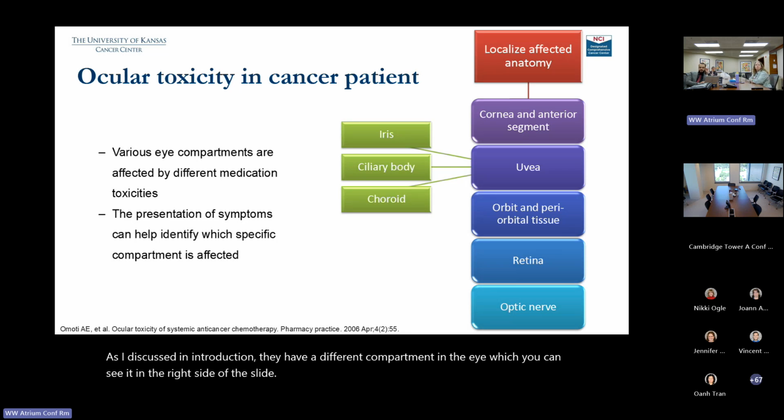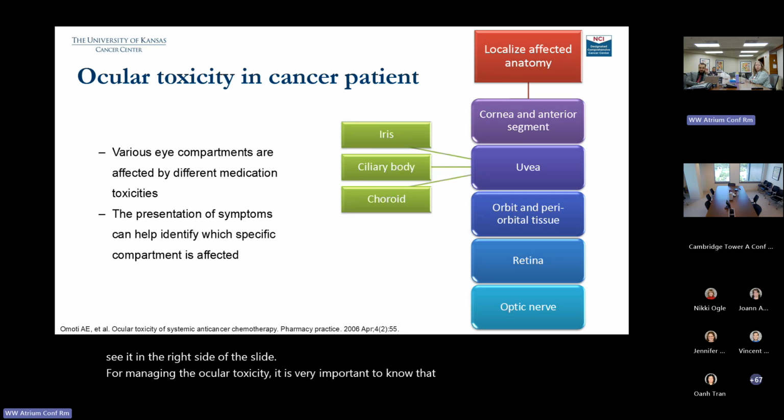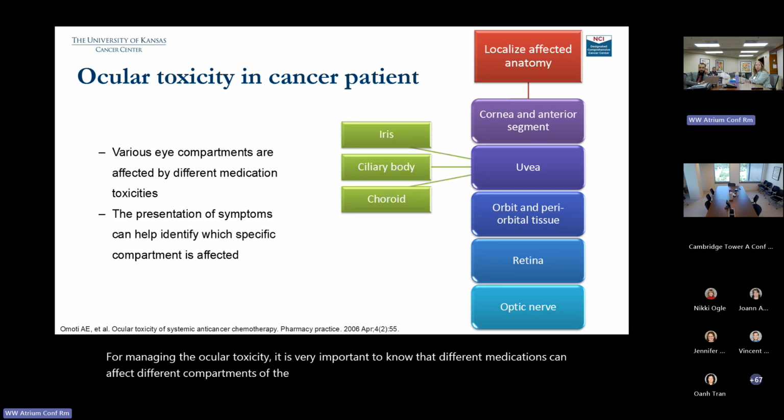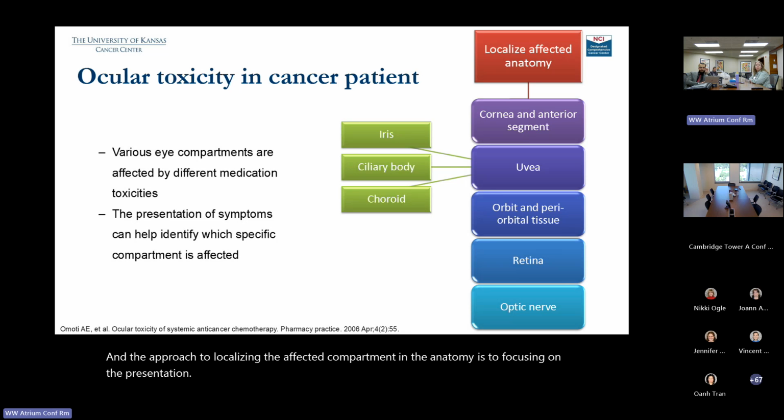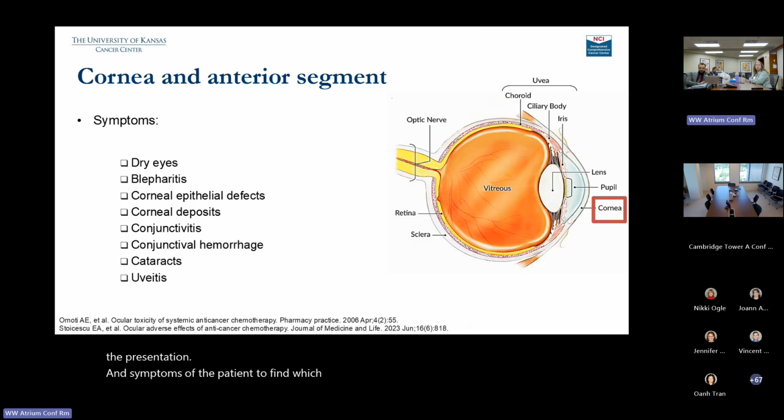For managing the ocular toxicity, it is very important to know that different medications can affect different compartments of the eye. And the approach to localizing the affected compartment is to focus on the presentation and symptoms of the patient to find which compartment is affected.